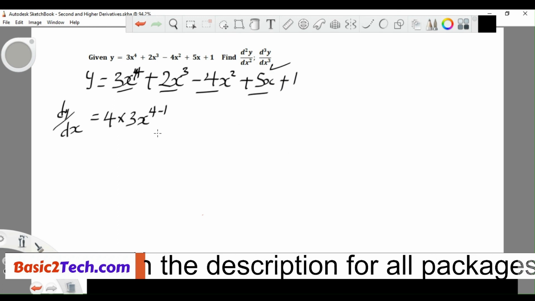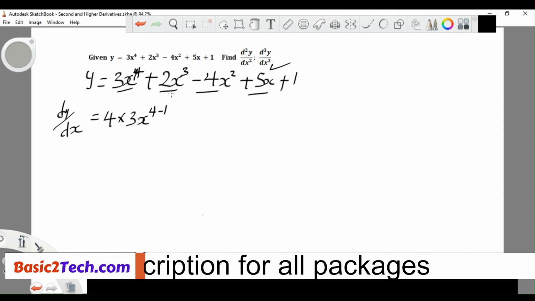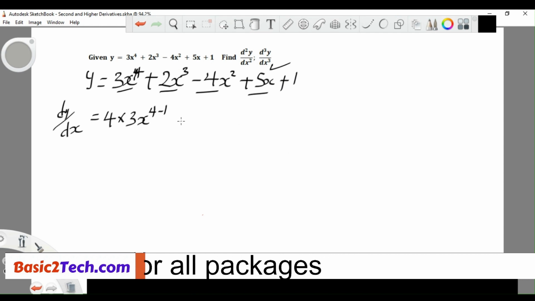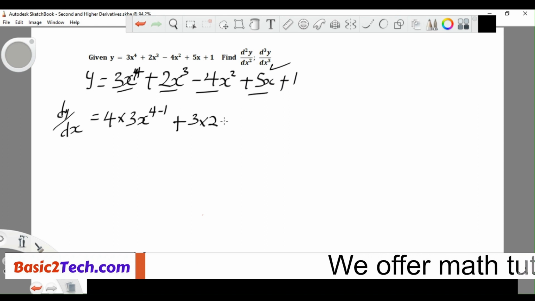If you missed our first video on calculus, please click the link on the top right corner so you can understand what we are doing right here. Plus, again, the power times coefficient. So we have 3 times 2x, then the power minus 1.